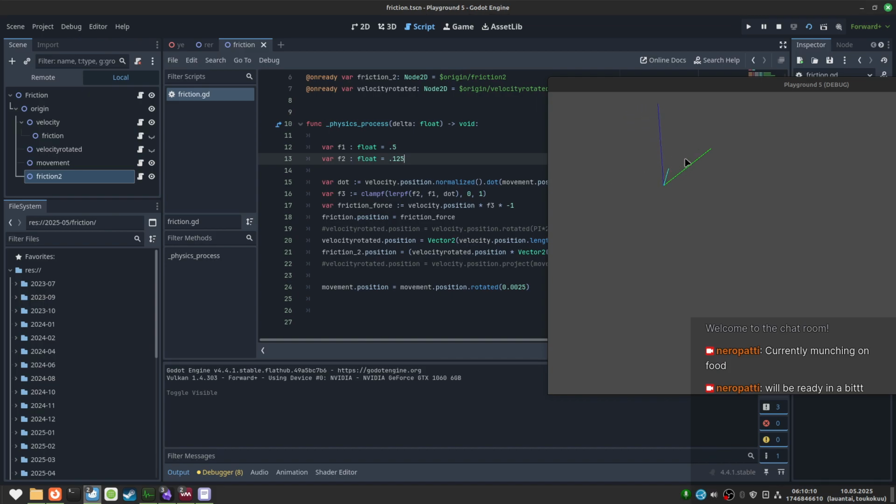Basically, or wait, is this the wrong way? This is the wrong way around. I guess the friction is supposed to be greater when we're pointing away, not the other way around. Let's do this.